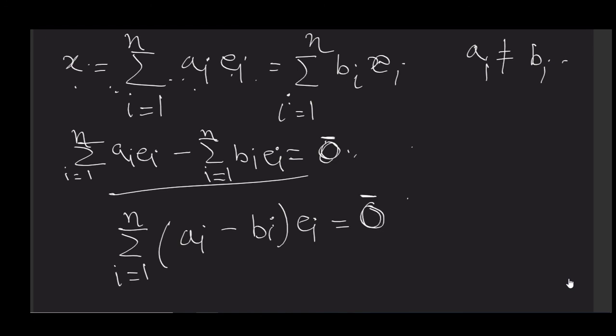And as the e_i are not trivial, obviously it implies that a_i minus b_i, this scalar, is equal to 0, that indicates that a_i is equal to b_i for all i equal to 1 to n. Right. So the representation is unique and no other representation can be found there.